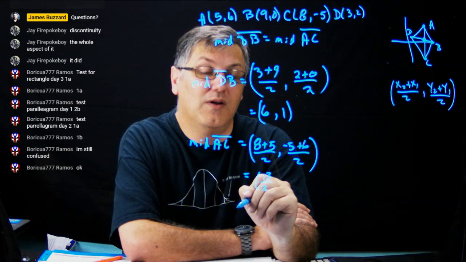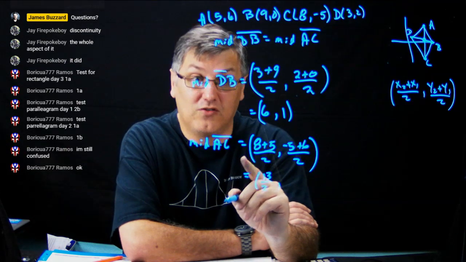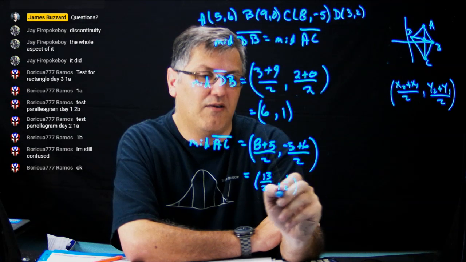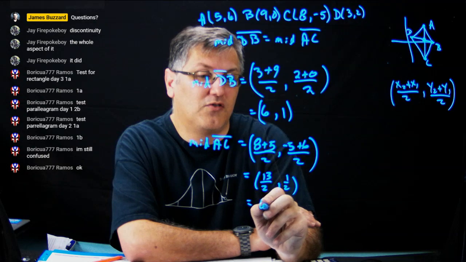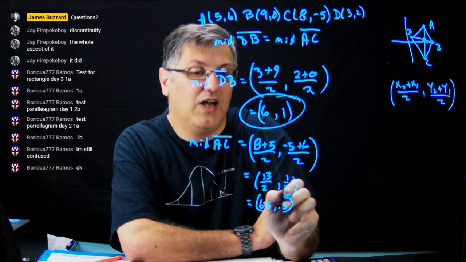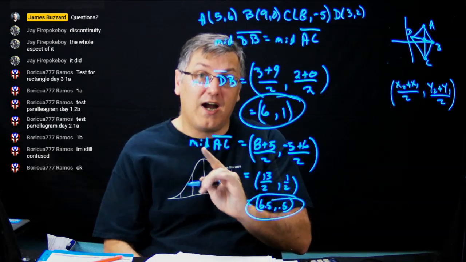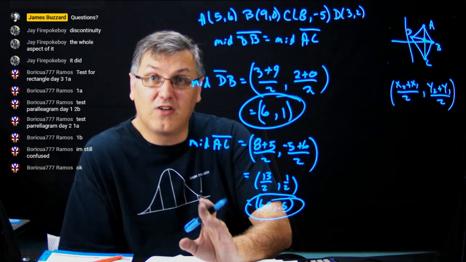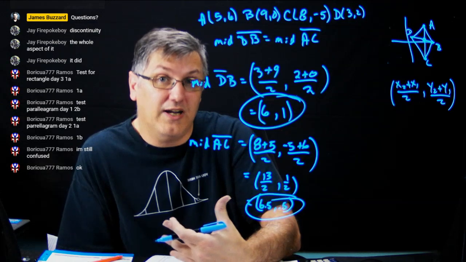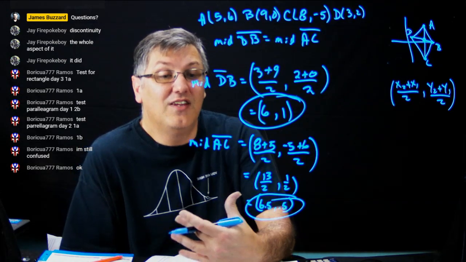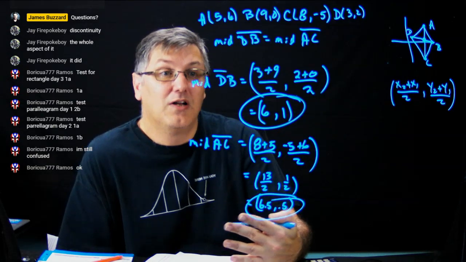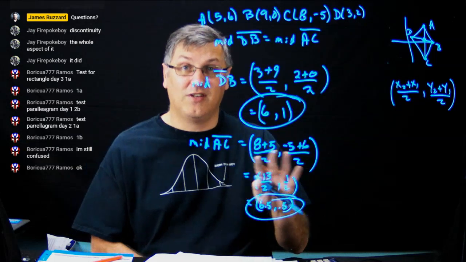In decimal form, this becomes 6.5, and negative 5 plus 6 is 1/2, or 0.5. If those are not identical, it's not a parallelogram. The last example we did was identical, so it was a parallelogram. In this case, these are not identical, therefore this is not a parallelogram. That's all this is with the midpoint.